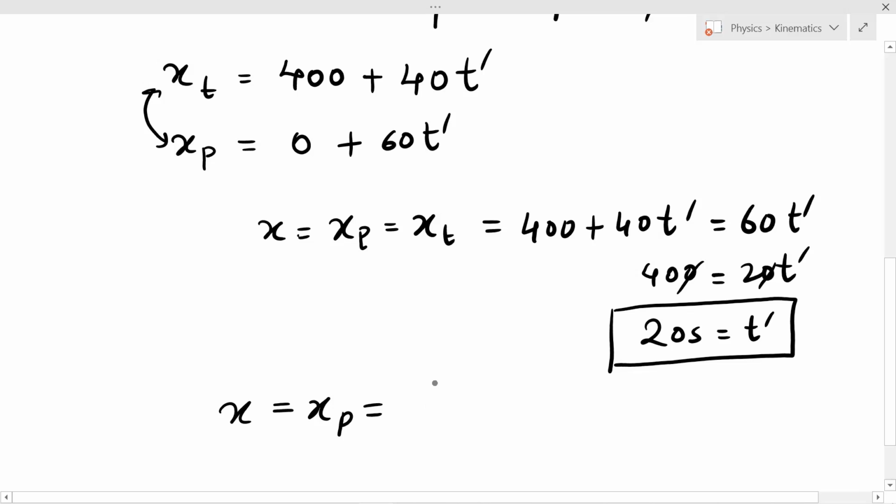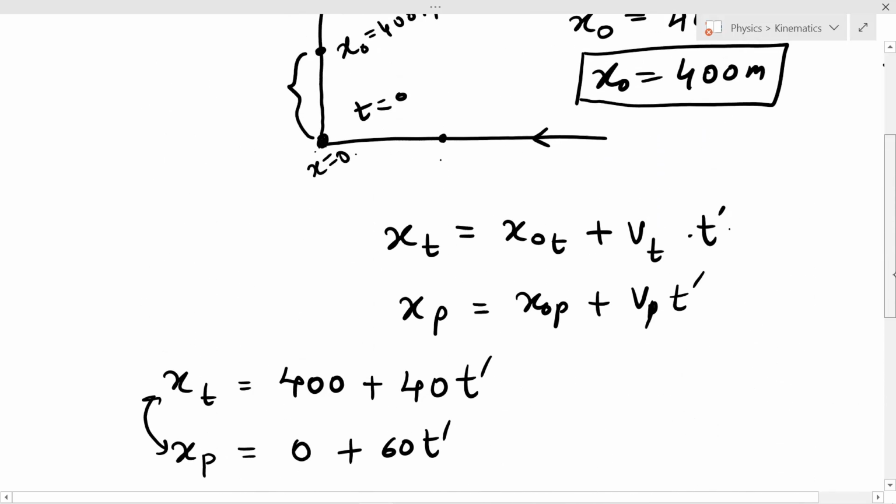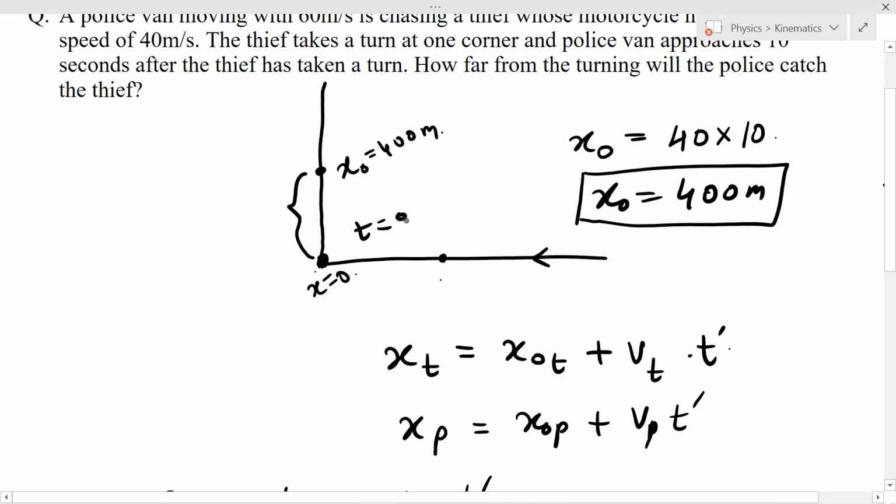So at t dash equal to 20 seconds, this is 60 into 20. That is 1200 meter. So at 1200 meter from the origin, the police will catch the thief.